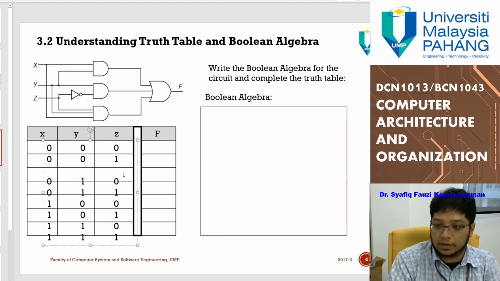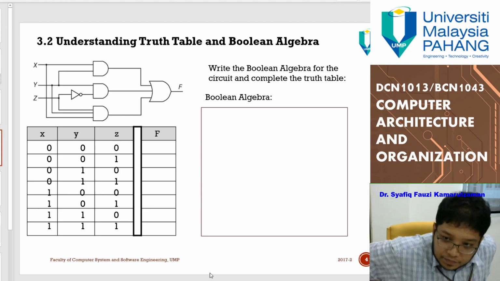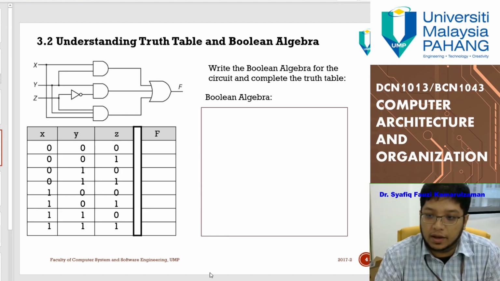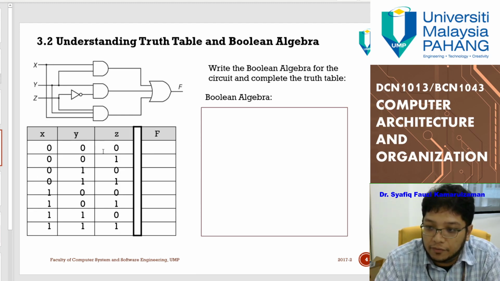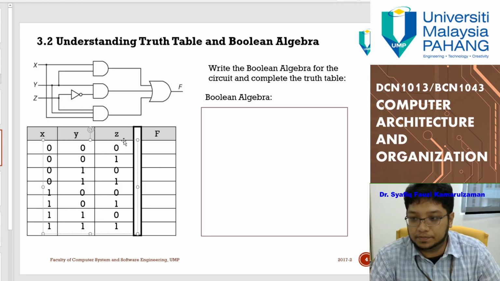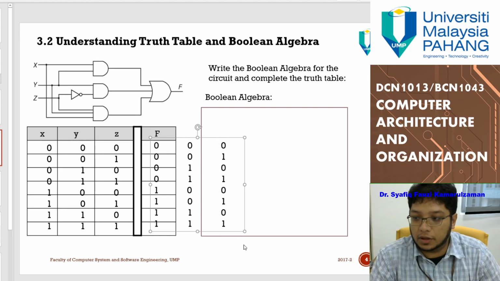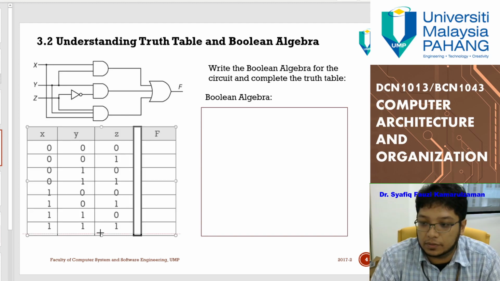Let's just make it a little bit like this. So you have 1, 2, 3, 4, 5, 6, 7 inputs, so from 0, 1, 2, 3, 4, 5, 6, 7. So let's guess the output here, from the top, starting with 0, 0, 0. Let's shrink this table so that it fits.